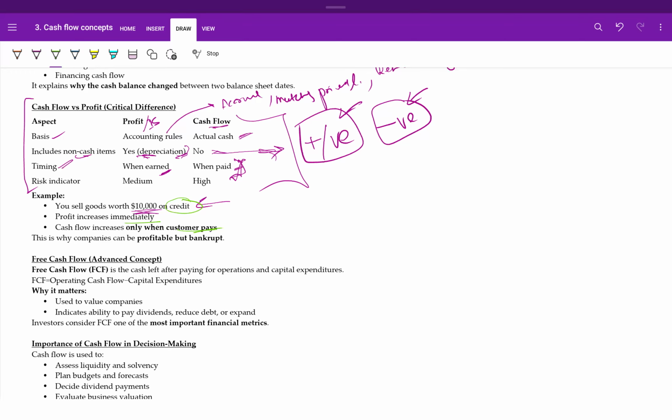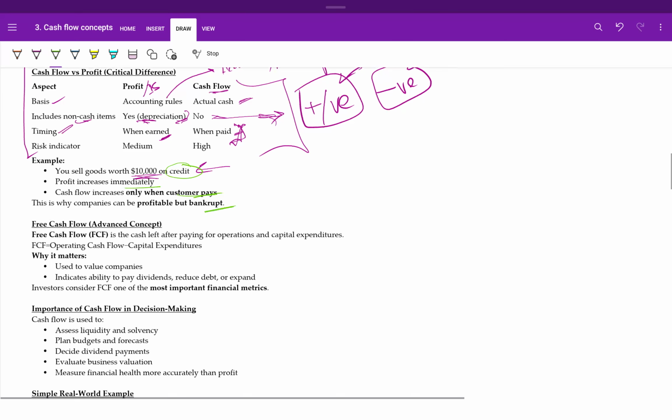You will not record this entry on the cash flow statement until the customer has actually paid you the money. And this is why companies can be profitable but bankrupt. This is happening because the customers are delaying the payments. Okay, so I hope this much is clear.